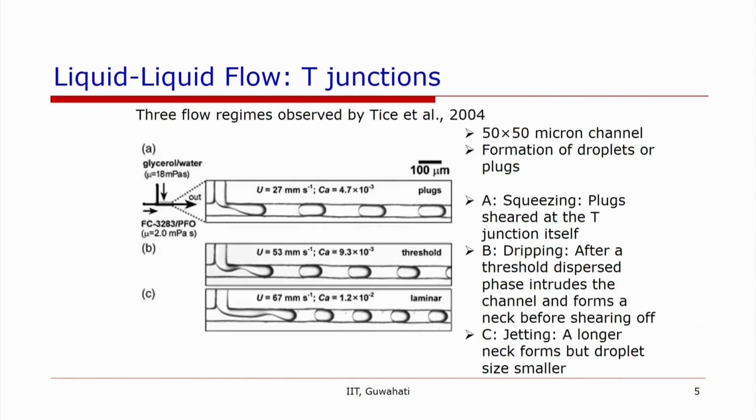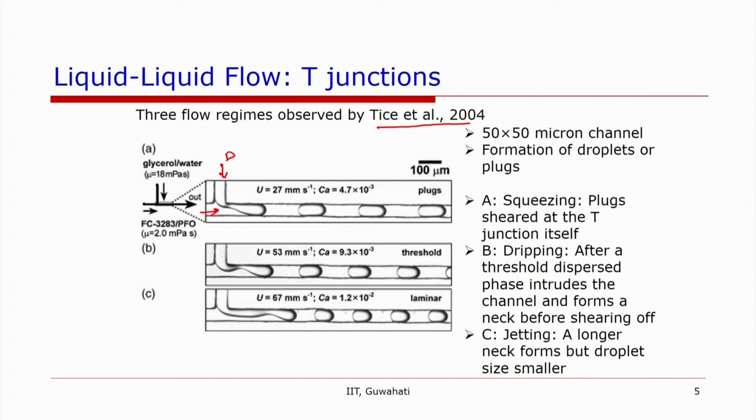Now some of the examples from the literature for T-junctions. So in this case, what is happening? This is from Tice et al., and there is cross flow where the dispersed phase comes from here and the continuous phase goes straight through.